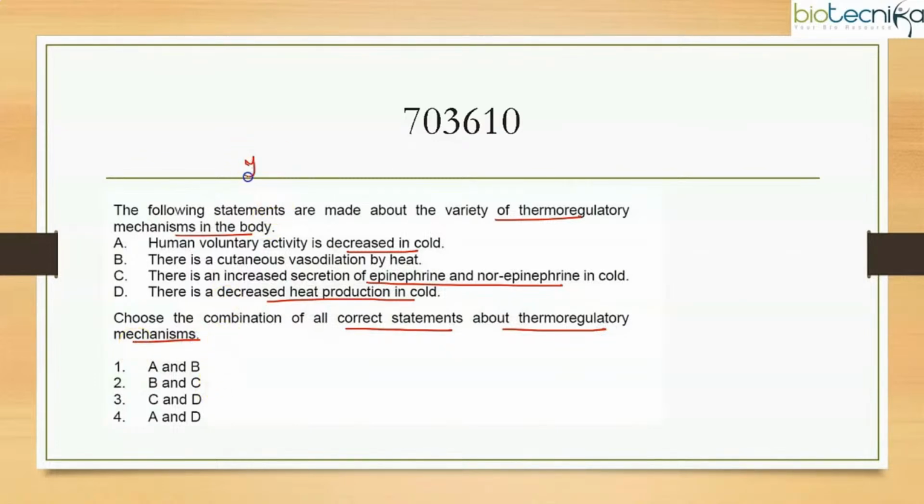So this is from the thermoregulation chapter, and we have to find the correct statements. If you go through the previous year question papers, definitely from thermoregulation they are asking questions. And this is a very general type of question. We should know how our body tries to regulate the temperature so that it is in the optimum conditions.